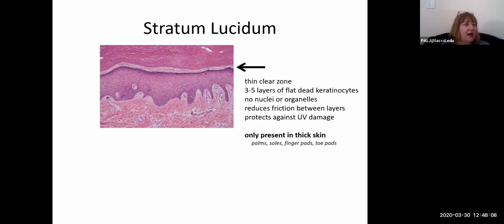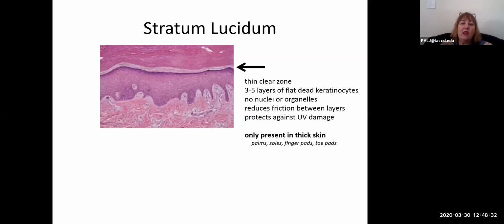There are no nuclei, there are no organelles. And this layer, what it's doing, it's reducing friction from the outermost layer, which we haven't named yet, and the stratum granulosum. Okay. In addition to that, it helps protect you from UV damage. So this is a layer that is an option.